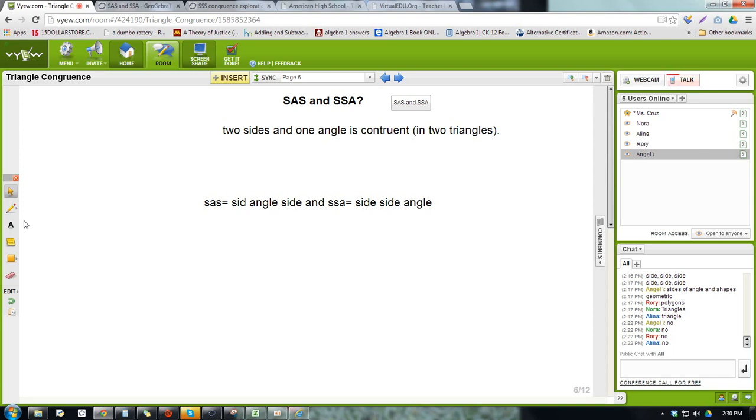Okay, so who's willing to explain to me what they saw when they were exploring the two types of triangle congruence theorems?